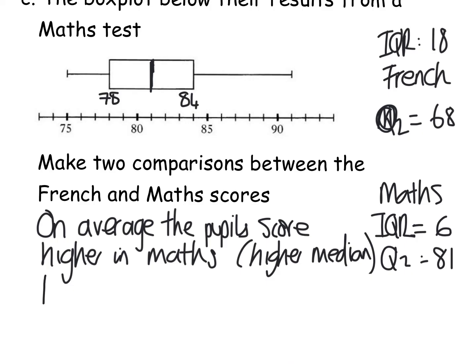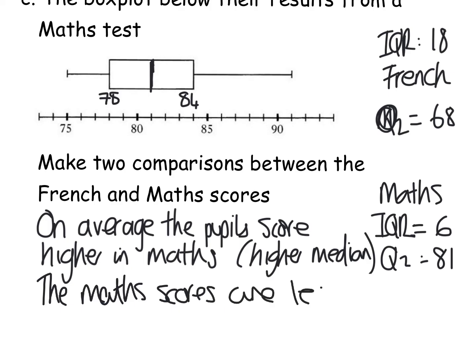So the maths scores are less varied. Now your sentences, you should always make the reader know which subject you're talking about, and they should always mention what you're talking about. So in this case, it's test scores. So the maths scores are less varied, and the reason I wrote that was because it had a lower IQR.